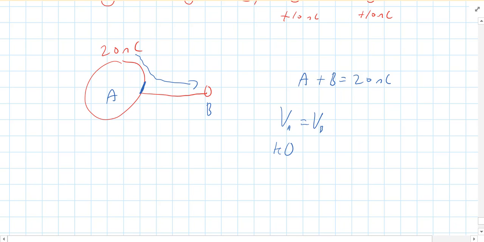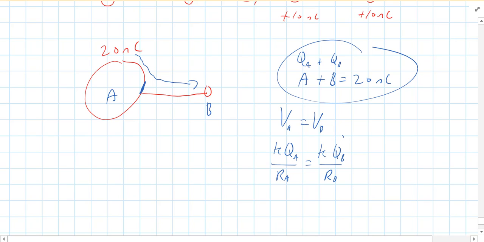So this would be kQA over RA would have to be k times QB over RB. Those voltages would have to be the same. And remember, QA plus QB is 20 nanocoulombs. So you have two equations, two unknowns. You got QA and QB, and you have two equations to try to solve for QA and QB.